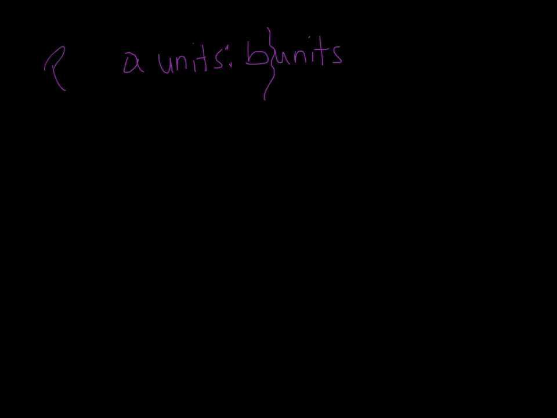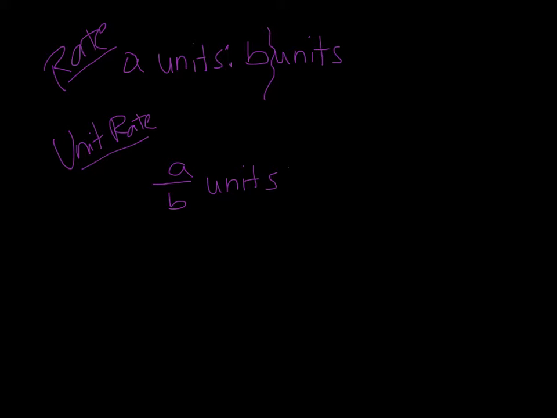And this would represent our rate, where our unit rate, algebraically, could be represented as A over B units to 1 unit. Now what I mean by that, if you look back at the previous slide, they're showing you to divide that rate, you get a unit rate.